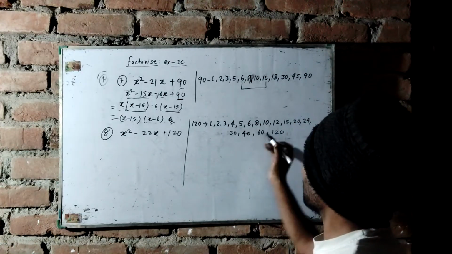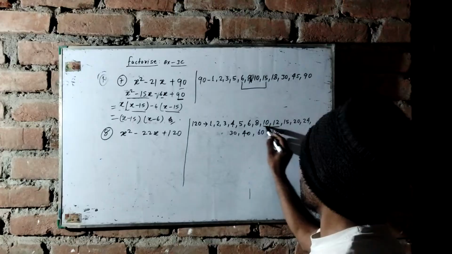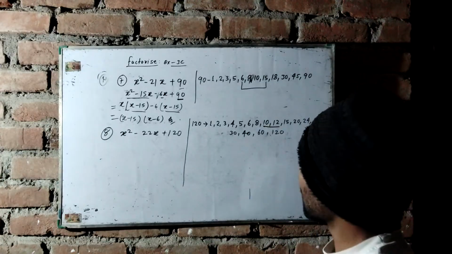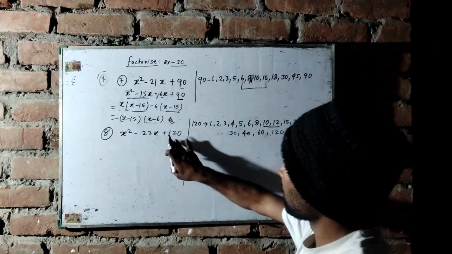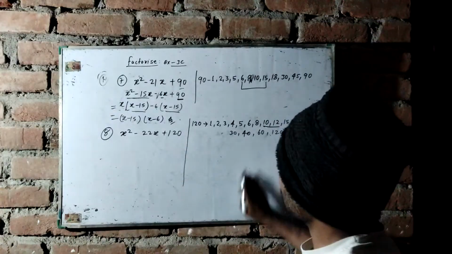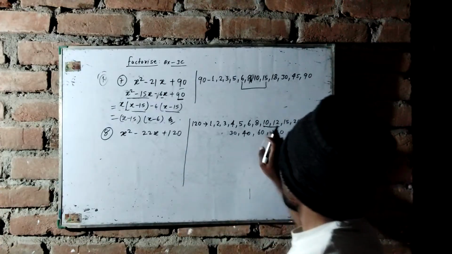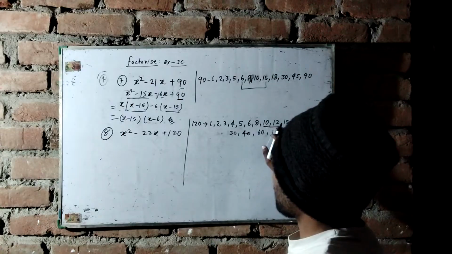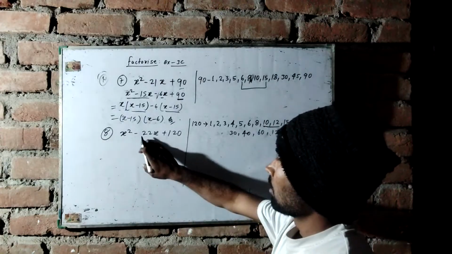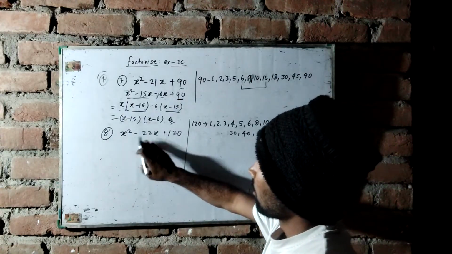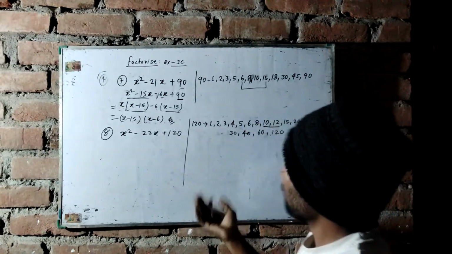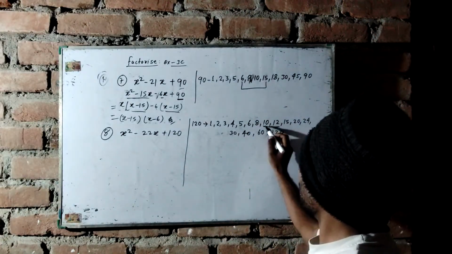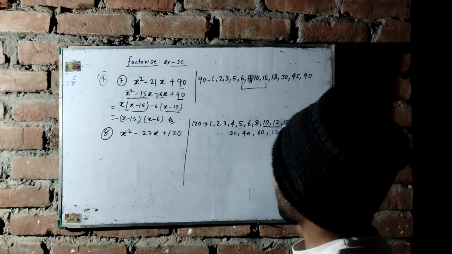We can see here 10 and 12 whose sum will be 22 and product will be 120. But here the minus sign is present, so we need to take the minus sign with the two numbers 10 and 12.